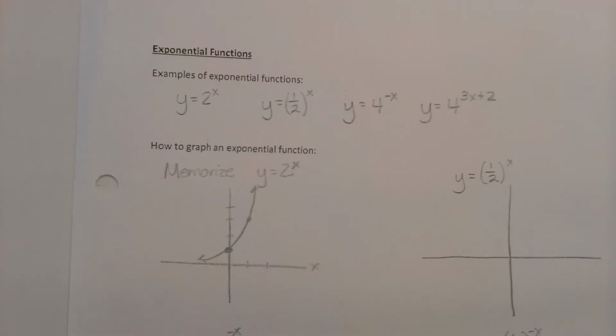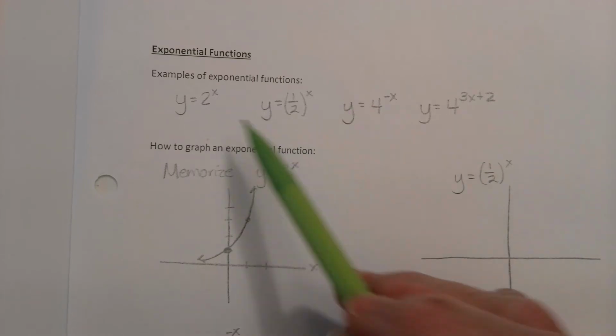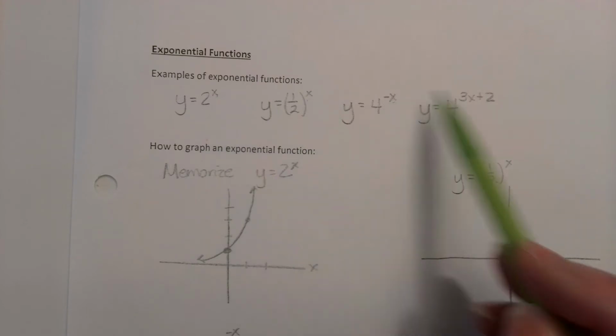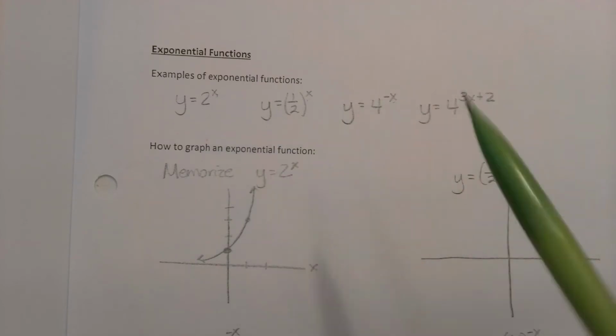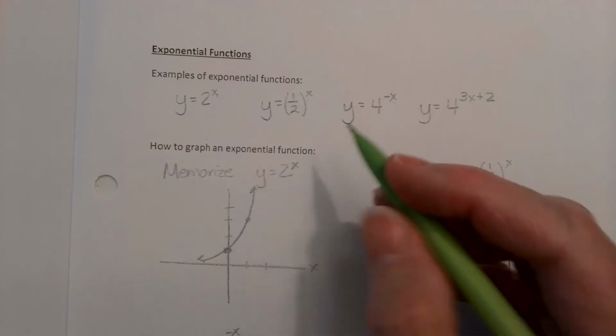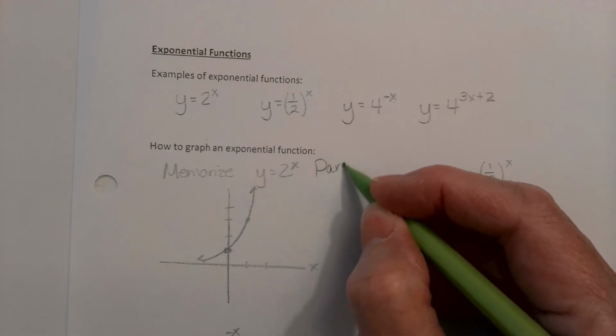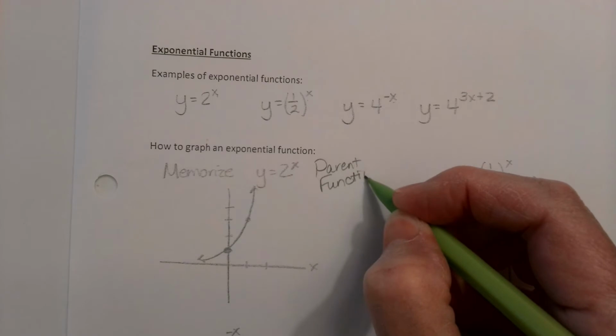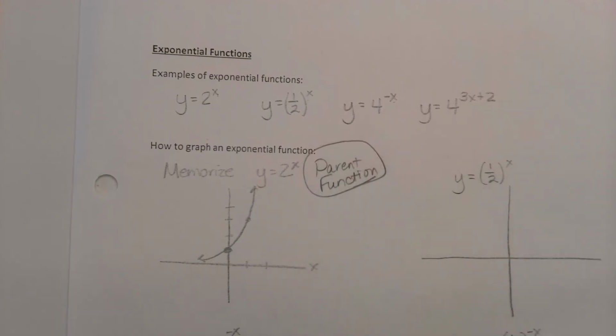And we're going to talk about exponential functions. So whenever you see the exponent as the variable, so you see these don't have variables anywhere but in the exponent position, they are exponential functions. So this is called the parent function, and you need to memorize it. So it's the parent function for exponentials.